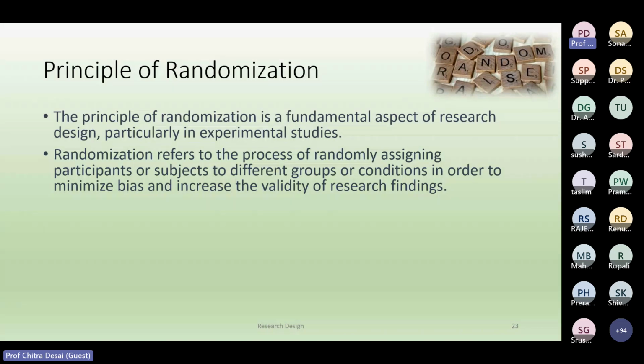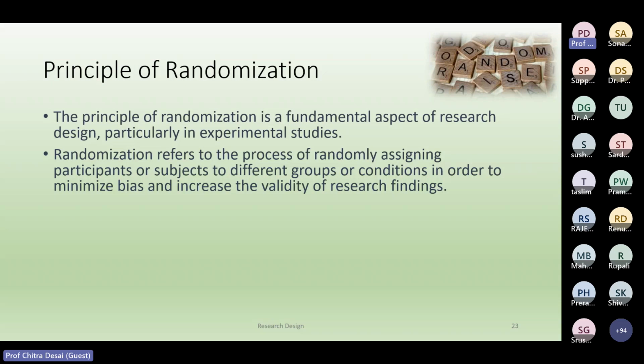From that population, you are going to collect samples, and if the sample collection is random, it will help you identify the different groups from the samples you have selected. Because there was a random selection, you have minimized the bias and increased the validity of the research findings.